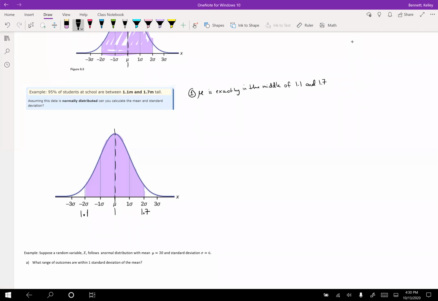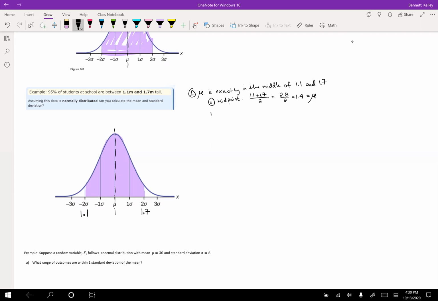There's 2 things I can do. One, I can find the midpoint. I think I'll call this A. The midpoint is 1.1 plus 1.7 over 2, which is 2.8 over 2, which is 1.4. And so this is the mean.